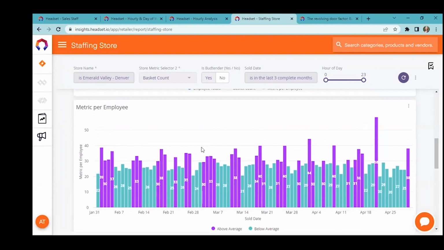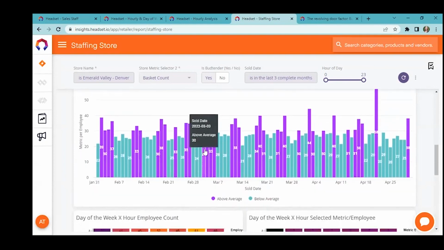So what we can take from this information is if they are above average, like maybe chronically they're above average every single weekend on a Saturday, which might be the case because our basket counts and transaction counts are higher on Saturdays, maybe you could get away with adding an additional 1 or 2 people per store on Saturdays to make it a little bit more even, and maybe less so on the below average days.